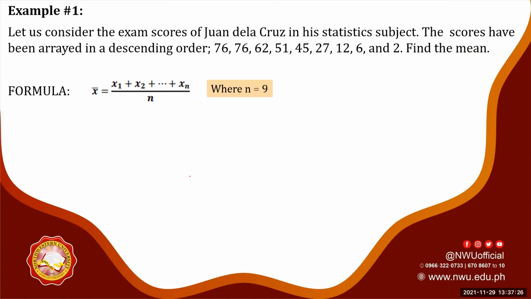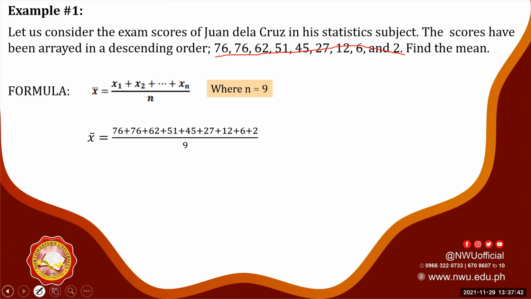And don't forget, I told you already, x bar is our notation for the sample mean. Therefore, yan yung gagamitin natin. X bar is just equal to the summation, or just add all of the data, and you divide it by 9. Yung 9 natin, yun yung n. And then, just simplify it.